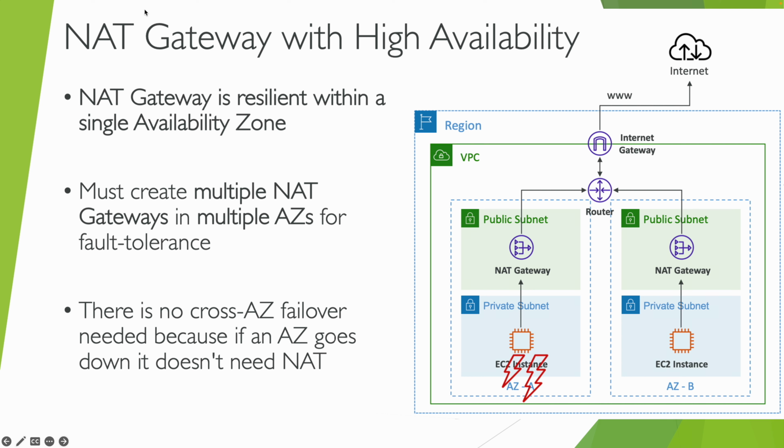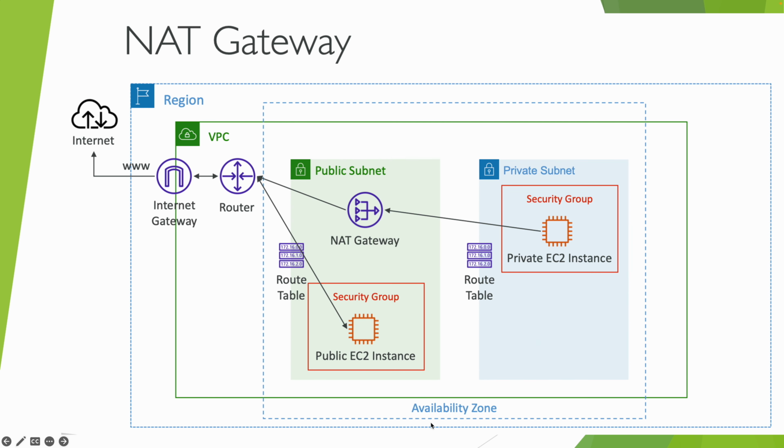A NAT gateway is resilient within a single availability zone, so in a single availability zone you can create a single NAT gateway. If you want fault tolerance, you create multiple NAT gateways in multiple AZs. Here we have two availability zones, but in the previous example, we did everything in one availability zone.